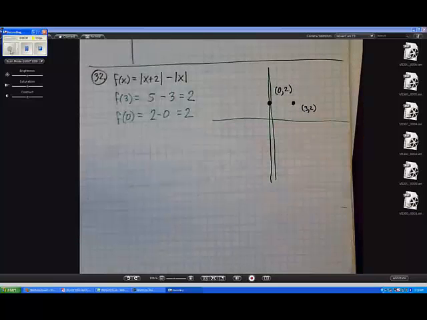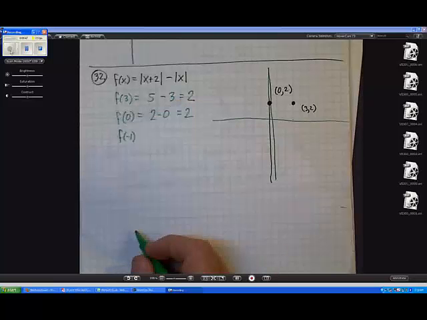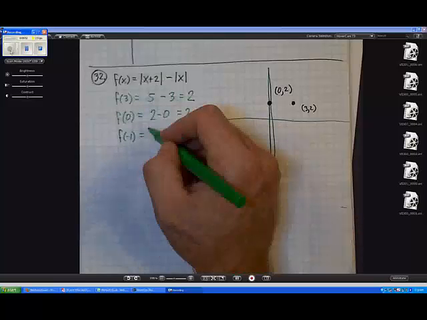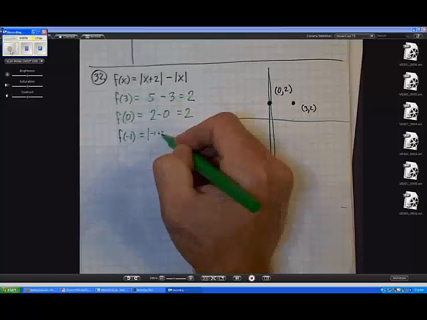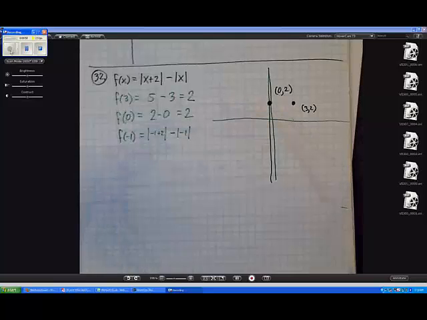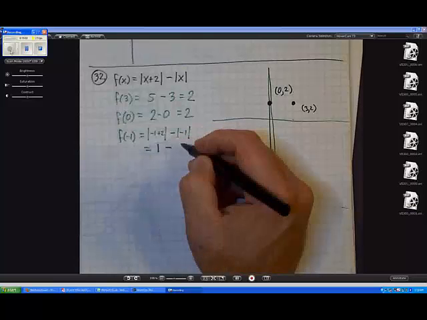I could do this all day. We want a better method. Notice when I put in something like f of -1, well, let me work this out more slowly. I get 1 here minus, but this becomes a positive 1.